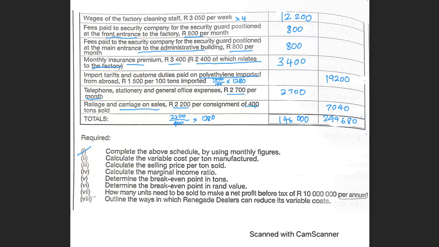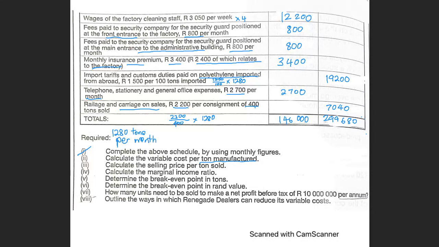So the second question asked you to calculate the variable cost per ton manufactured. So here we had manufactured 1,280 tons for the month. So we are just now going to convert that total that we have of 299,680 into a per unit figure.